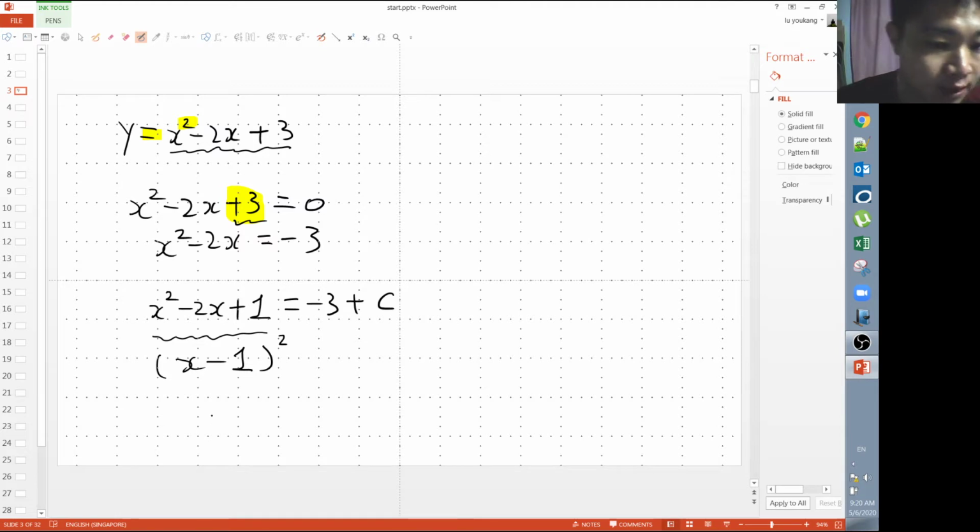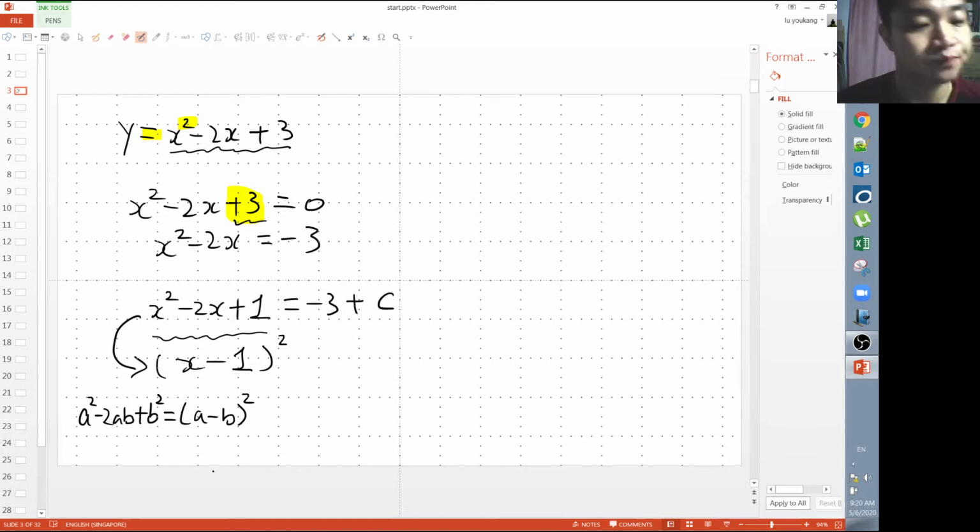I hope you can see the transformation from here to here is using a squared minus 2ab plus b squared, which is equal to (a minus b) to the power of 2. This is one of the formulas I ask students to memorize.